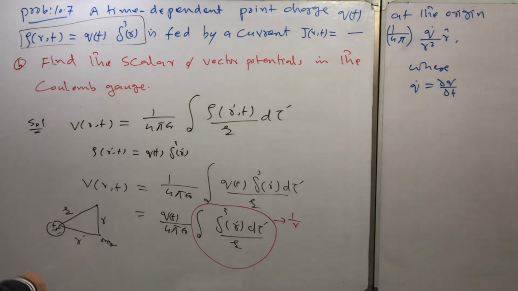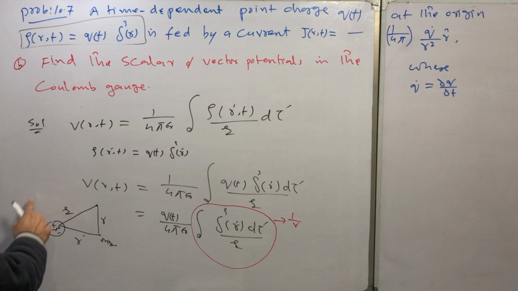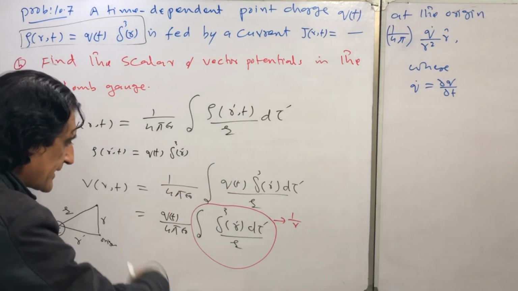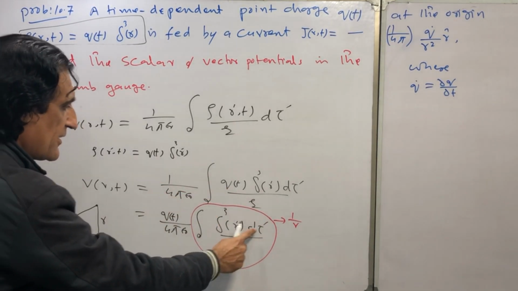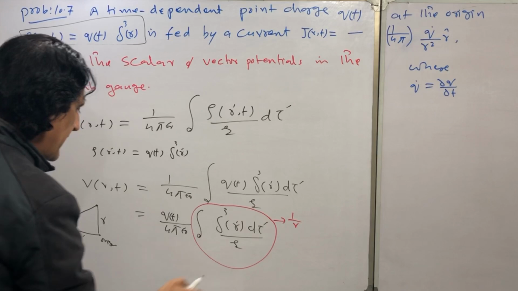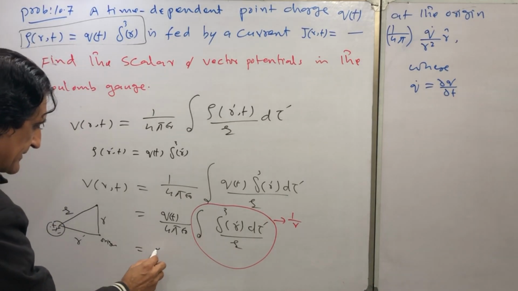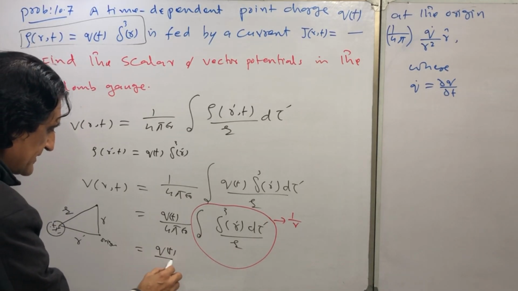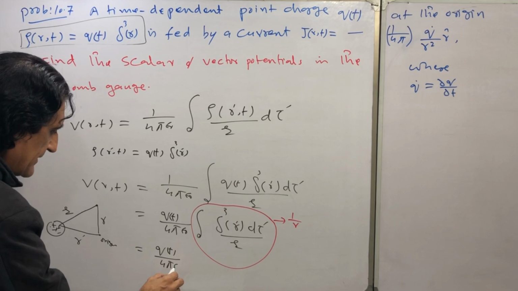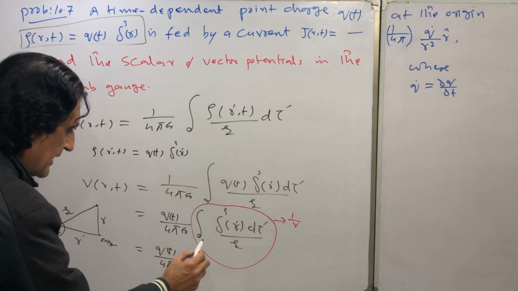From this whole scenario, the integration will be equal to 1 over r, and here q of t divided by 4 pi epsilon naught and 1 over r.